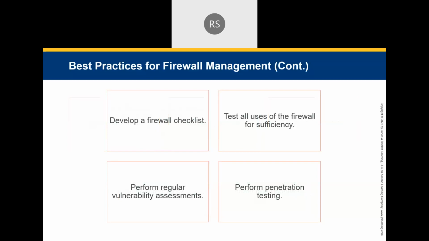So you conduct a thorough testing of all firewall rules and configurations to ensure that it is sufficient in protecting against unauthorized access and potential security breaches. You want to conduct periodic vulnerability assessments on the firewall infrastructures to identify potential weaknesses, misconfigurations, or vulnerabilities.